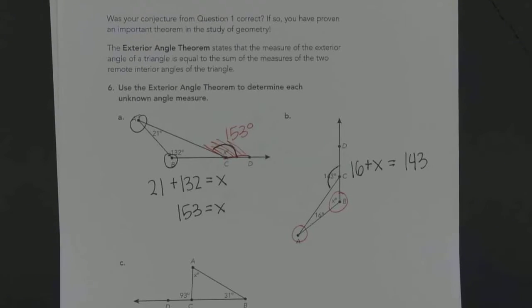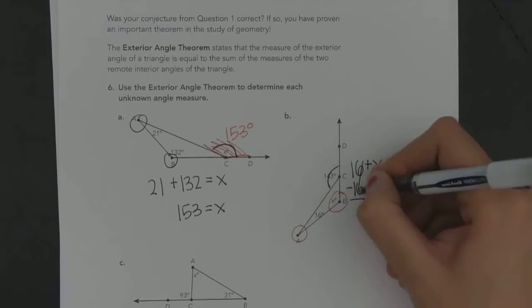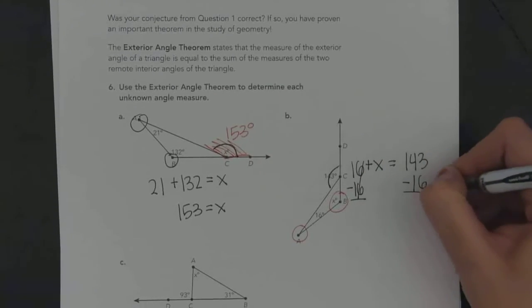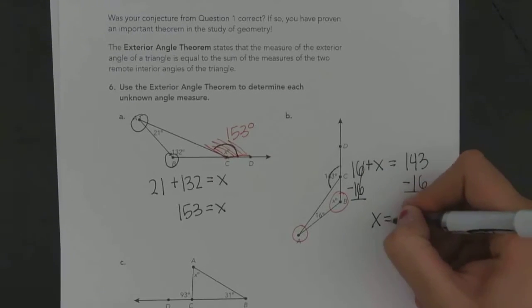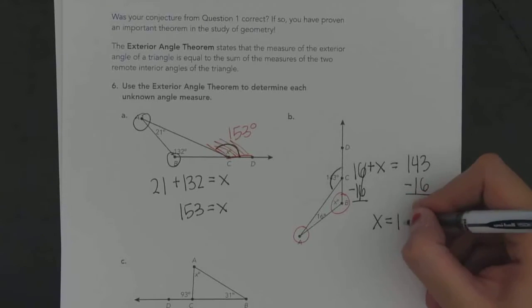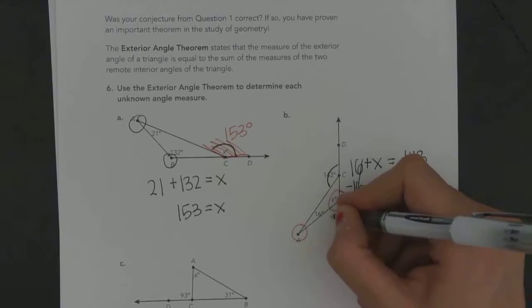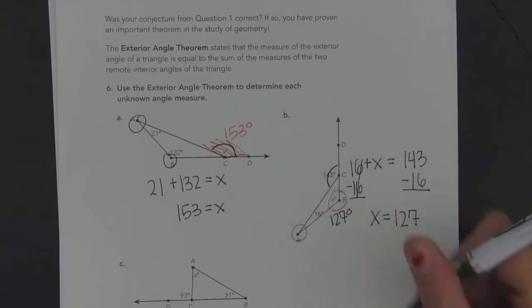And I'm just going to solve this like a one-step equation. I want the x by itself, so I am going to subtract 16 from both sides, okay? And that would leave me with just x on this side, and then whatever 143 minus 16 is. I just did it on a calculator and it told me it equals 127. So my angle right here would be 127 degrees.